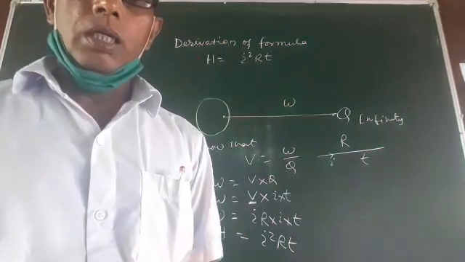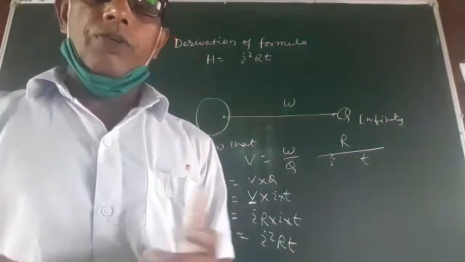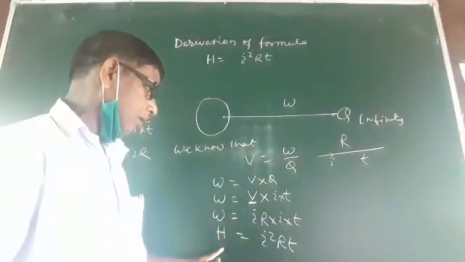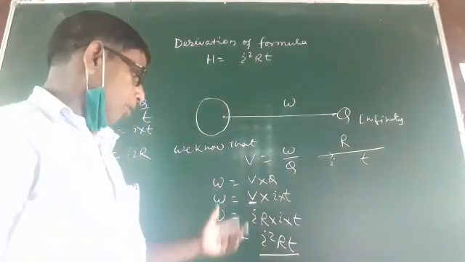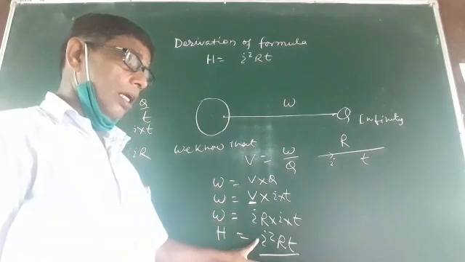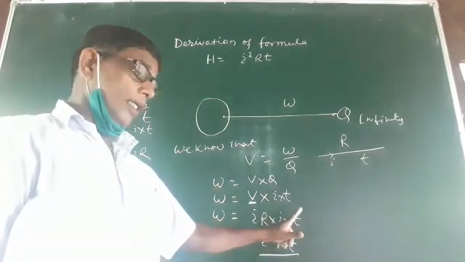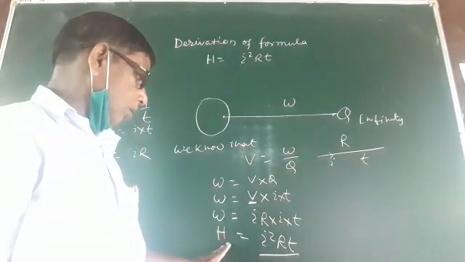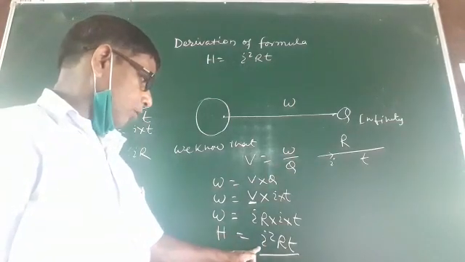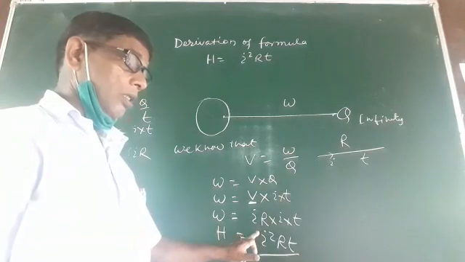There may be a question: what are the factors on which heat produced depends? There are three factors. Heat produced depends on the electric current, resistance and time of passing electric current. Heat produced is directly proportional to the square of electric current.